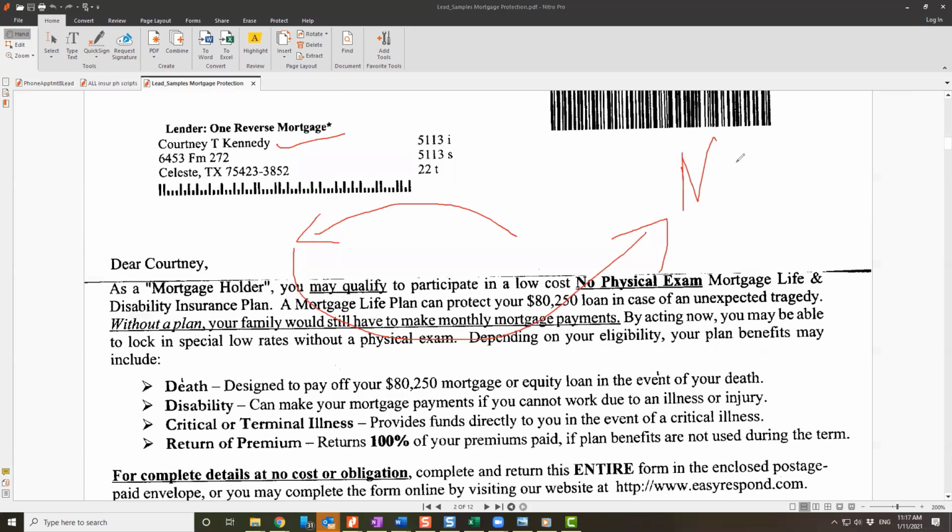About your mortgage protection with one reverse mortgage for $80,000. Remember that? You want to go ahead and paint a picture in the customer's mind so they remember what's happening. And I'm going to go again.